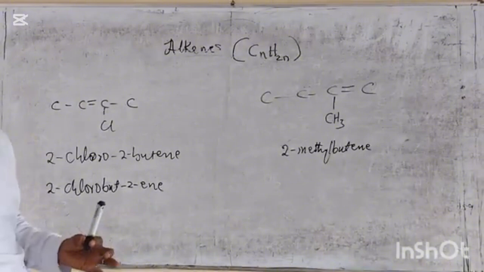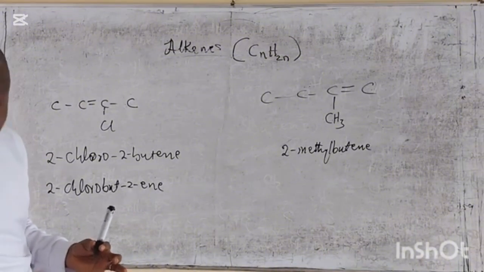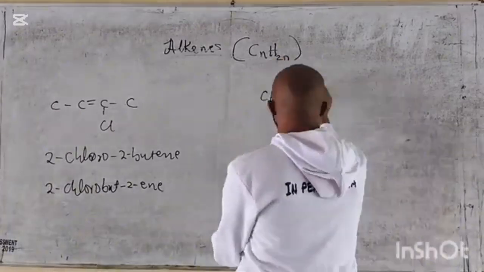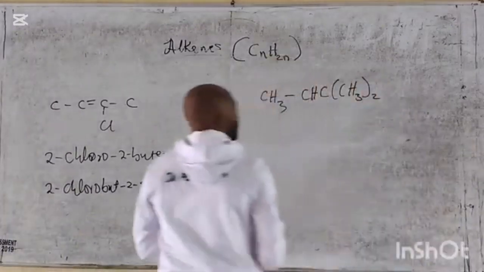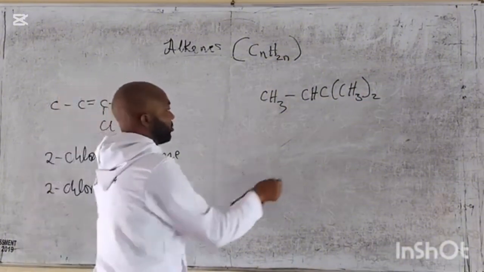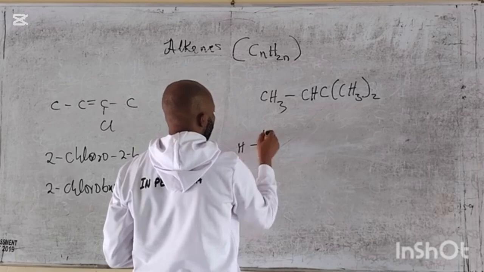Alright? Let's take another one. Write the structures and the IUPAC names of the following compounds. Let's write the structure and the IUPAC names, alright? These are condensed structures that we have to expand. Here is CH3.